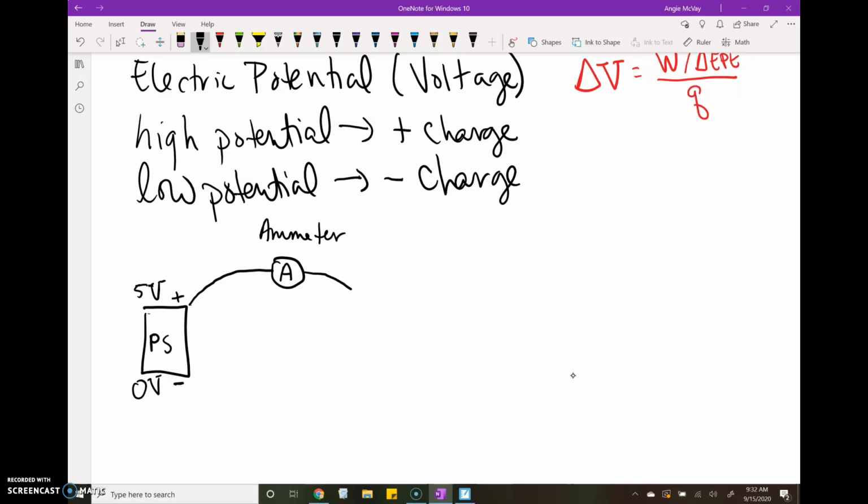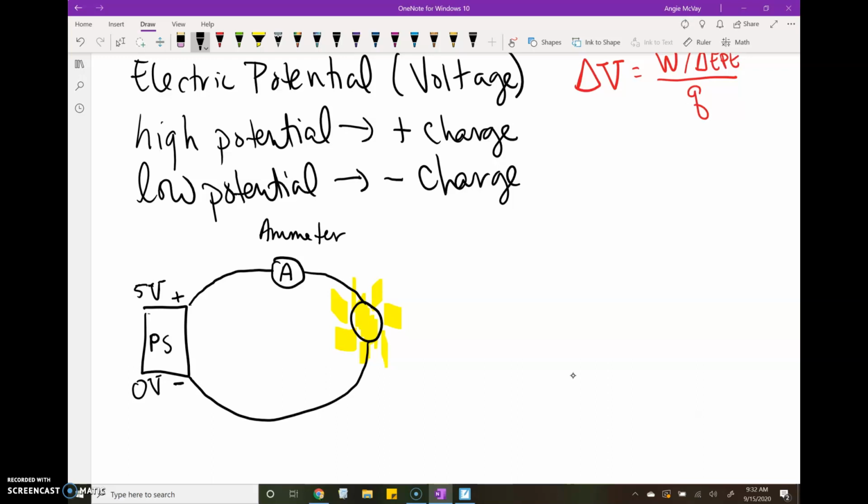Then we're going to put a light bulb in this circuit. Okay, so I'll make this, right? Light bulb. Okay. Cool. Right, and then we will connect it to the negative end of the power supply. All right. So I'll define some terms like current in just a moment.